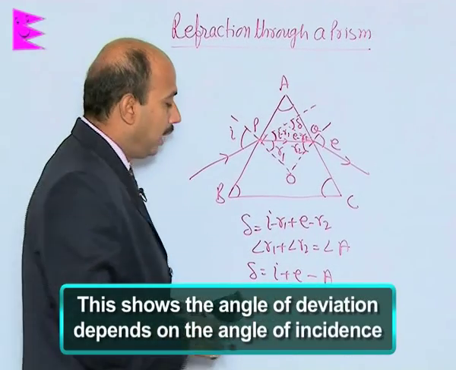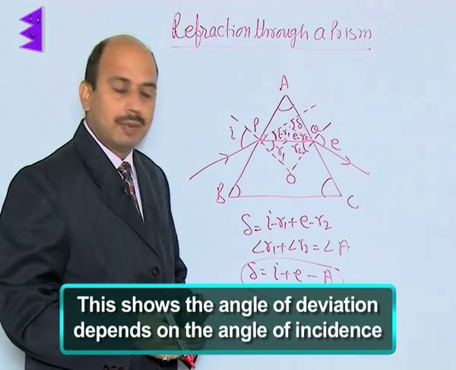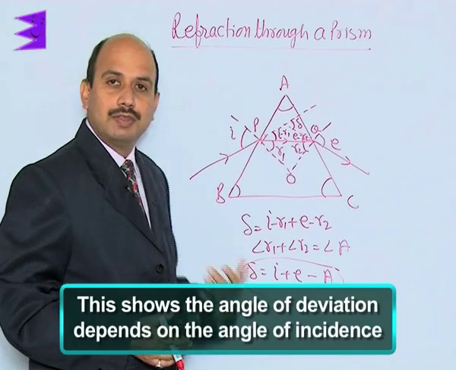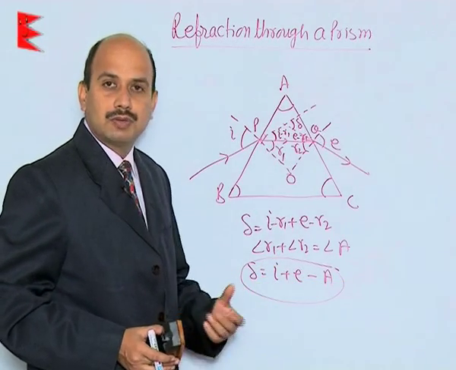So we have this relation: angle delta is equal to angle I plus angle E minus A. I is the angle of incidence, E is the angle of emergence and A is the angle of prism.